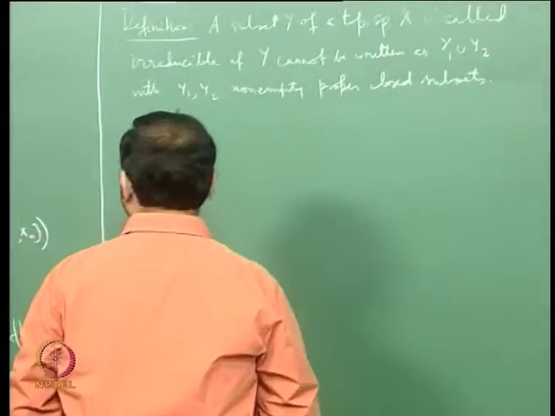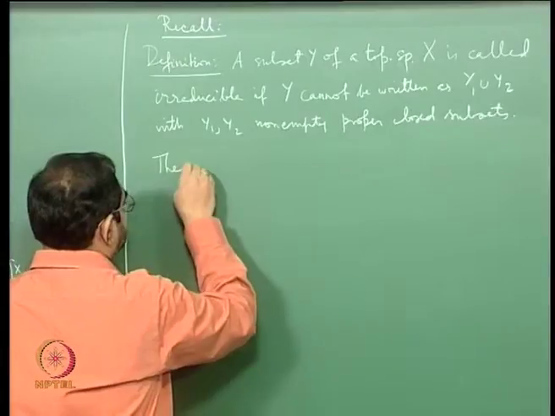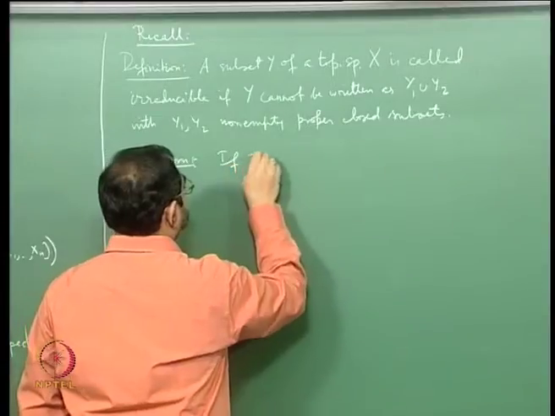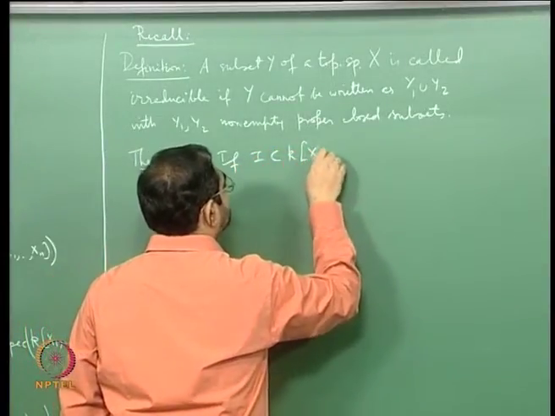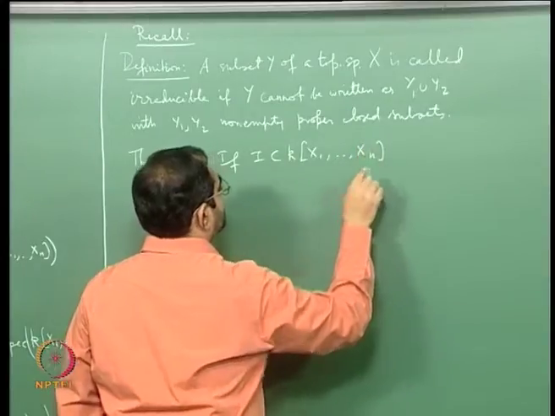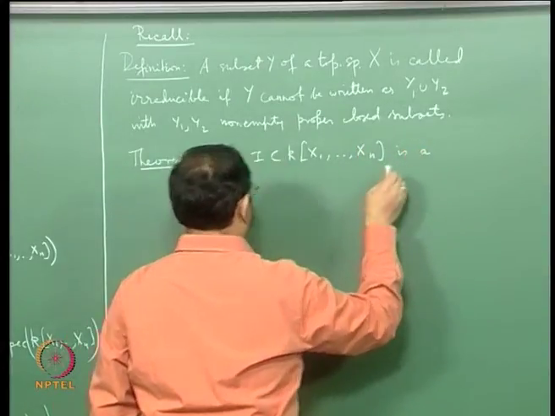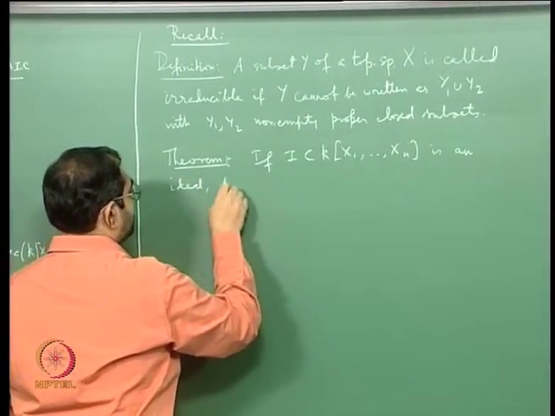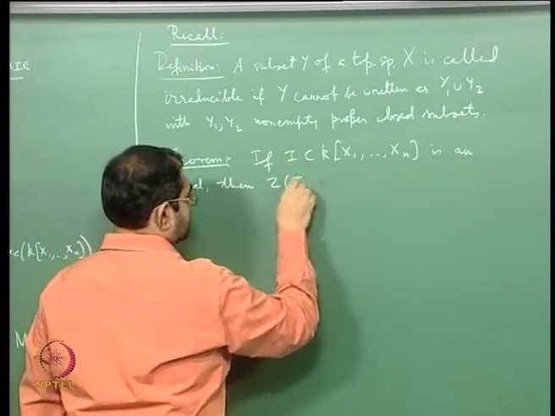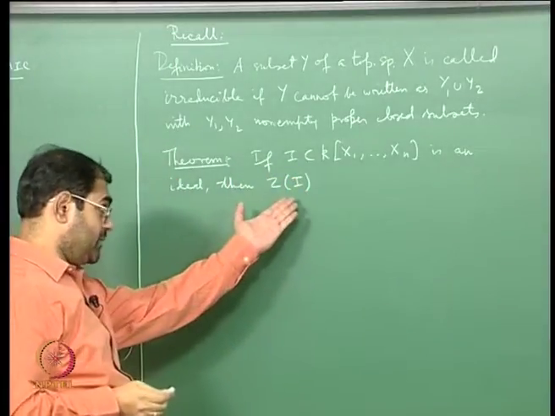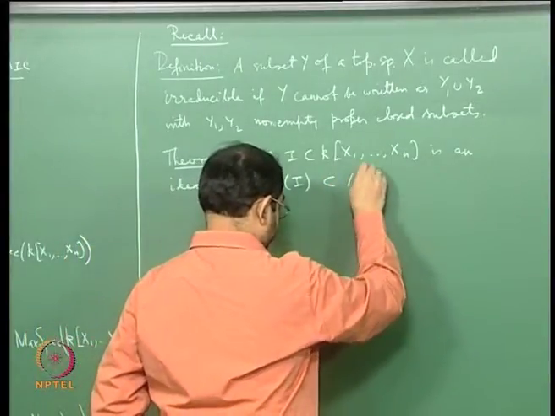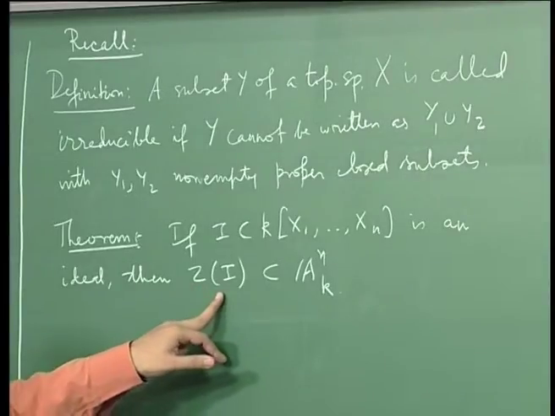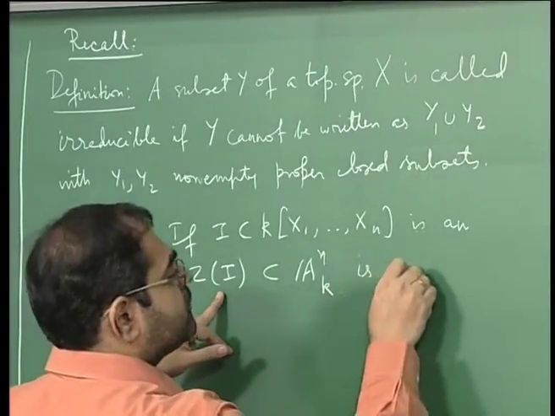Now I go to this theorem which I stated last time. So the theorem is the following: if I in the polynomial ring in n variables over k is an ideal, then Z of I, the zero set of I, namely the points in A^n which are common zeros of all the polynomials in I, is irreducible.